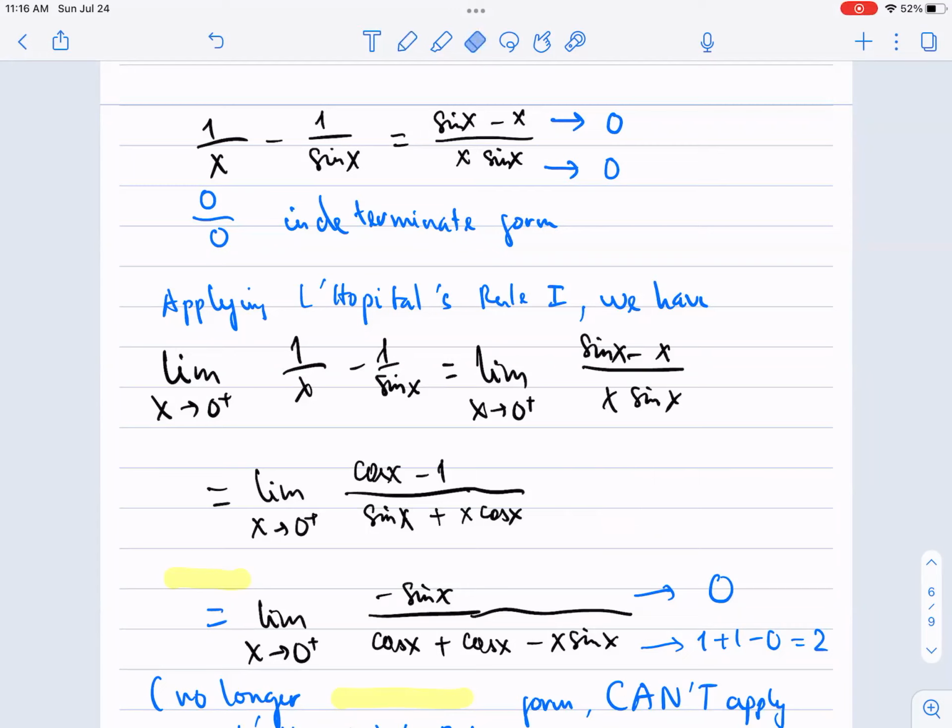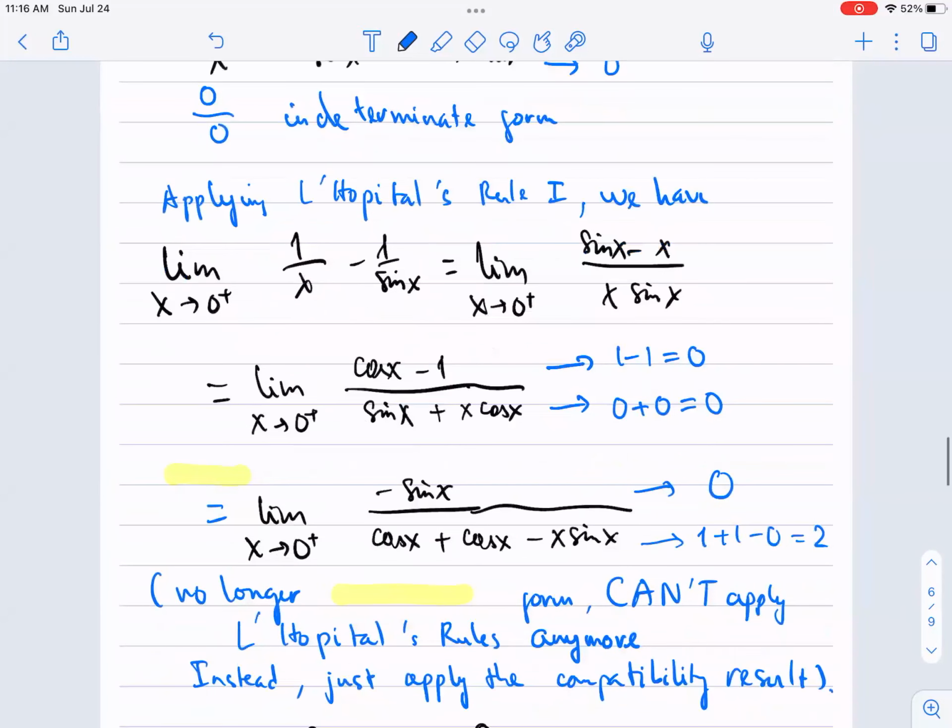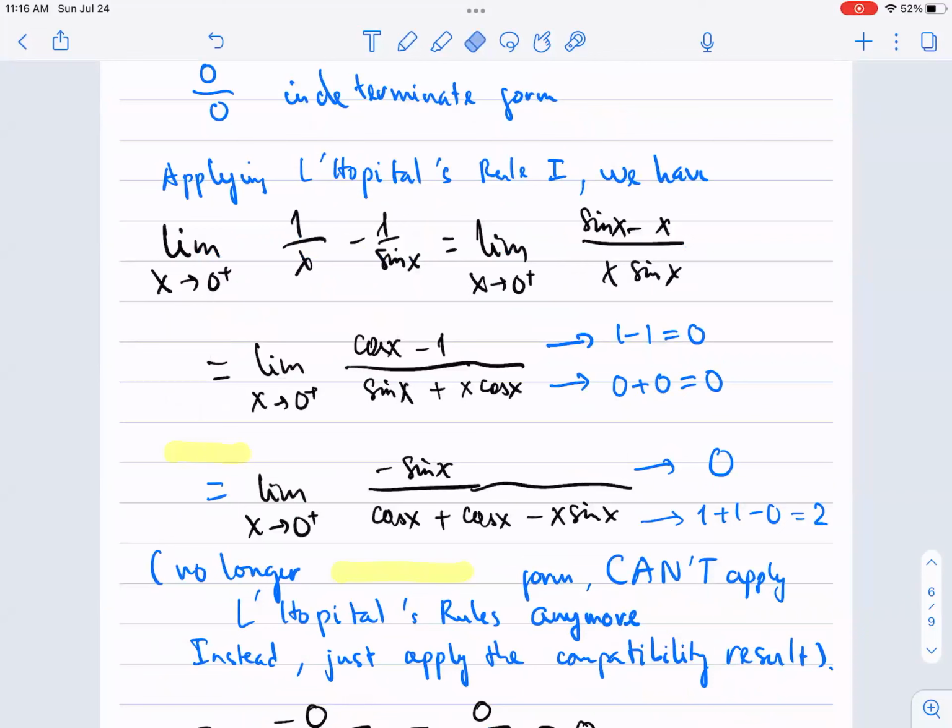We observe that still the numerator here approaching 1 minus 1 equals 0. The denominator approaching 0 plus 0 equal to 0. So it's still in indeterminate form. So we have to apply the L'Hopital rule again.